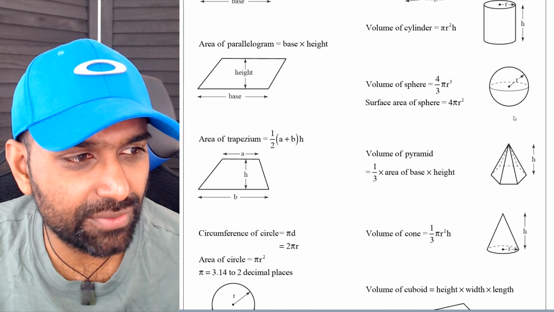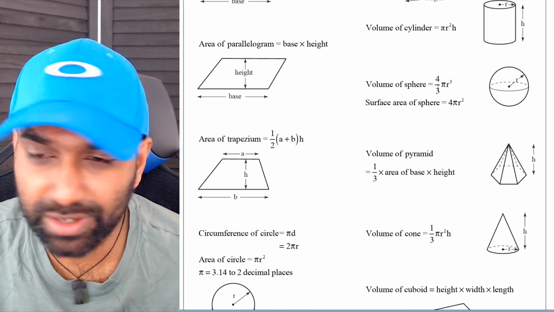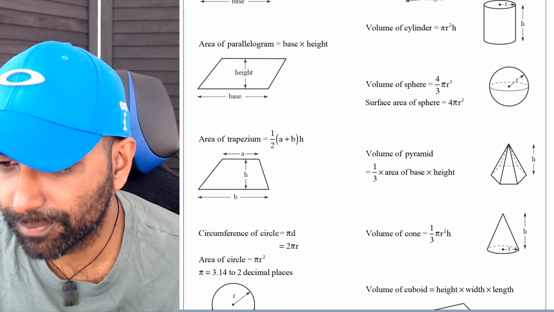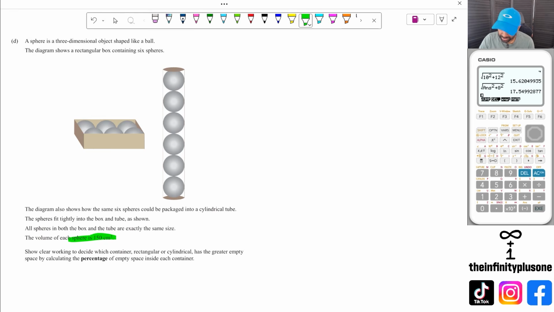So we're going to use the sphere formula, the volume of a sphere, which is 4/3 pi r cubed. We're going to figure out the radius of each of these spheres first. So the volume of a sphere is 4/3 pi r cubed, and that's equal to 150.